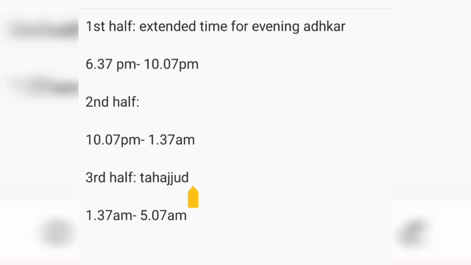So remember, you need to keep calculating, because the times change according to the lunar calendar, the sun and the moon and everything. You need to keep on checking. So the first part is your extended time for evening adhkar, and from the third part you are learning how to calculate tahajjud. This is how you are supposed to calculate, and if you have any doubts and questions, you can definitely ask.